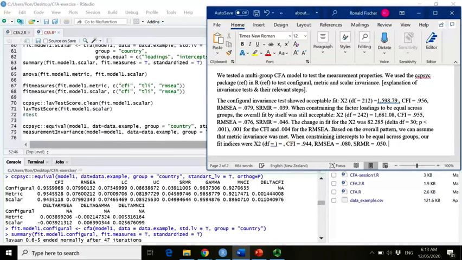The change in fit was, for chi-square, so if we need to get that still, we have the CFI 0.011 for CFI, and for the RMSEA we have a negative value, actually 0.044 for RMSEA. Why do we have a negative value for RMSEA?